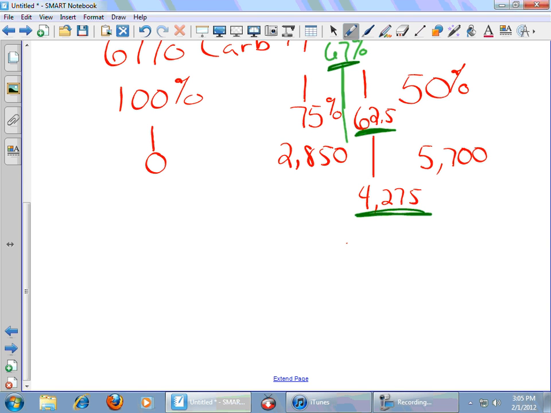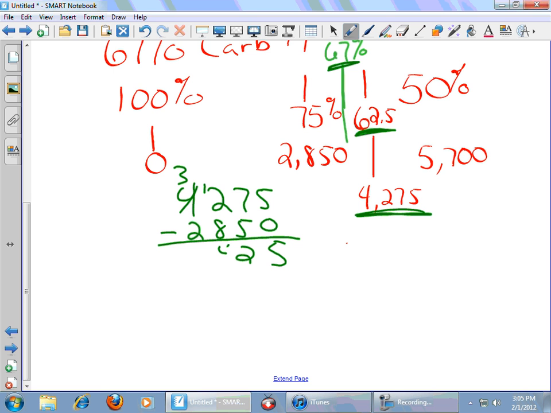So it's actually about a third of the way. I can make an even closer estimate here. 4,275 minus 2,850. I'm finding out how long the range is, and then a third of that, because it's approximately a third of the way. It's not going to be exact.